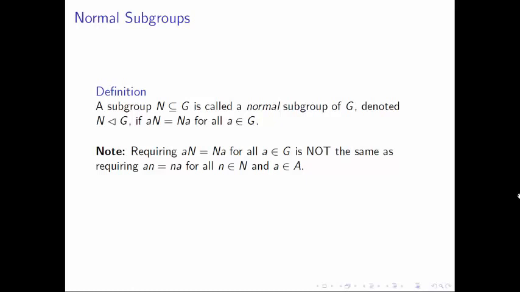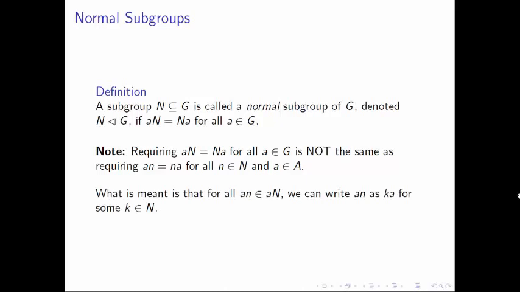What we are requiring is that for all an, which would be an element of the coset aN, we can take that element little a little n and write it as k times a, where k is some possibly different element of N. We'll see an example of this as we go on, but it's not quite as strong as requiring elements to commute; it is actually this weaker hypothesis.